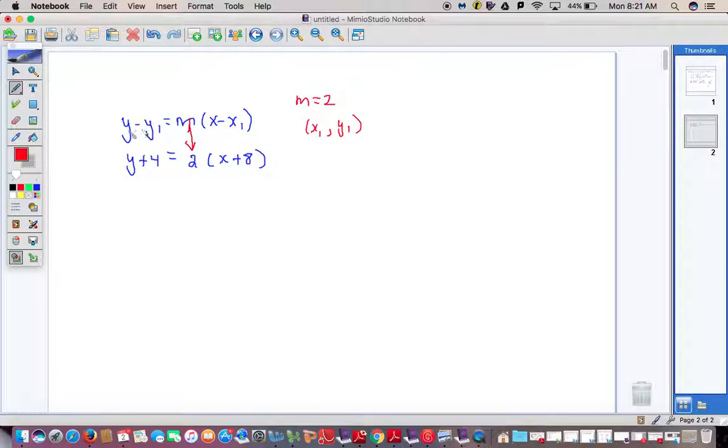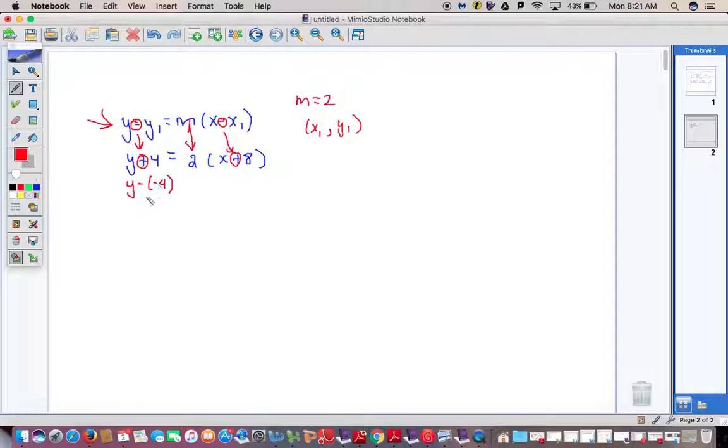Because the setup of our given equation is a little different from y minus y1 equals m times x minus x1, we need to notice that from here we've got subtraction and here we have addition, and they're not the same. So our ordered pair is not 8, 4. But we can make our equation look like the proper form by saying y plus 4 is the same as y minus a negative 4, right?